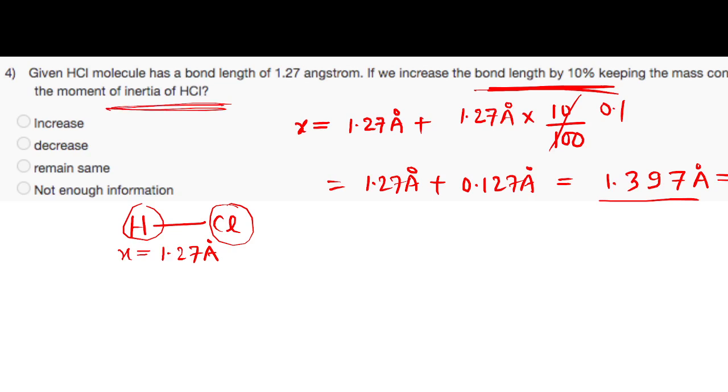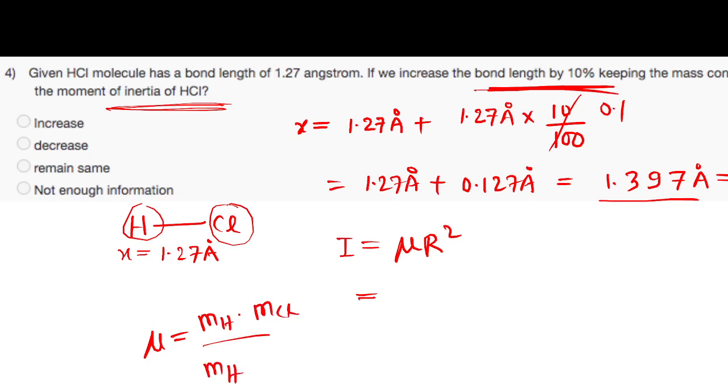Moment of inertia I is given as mu r square, and this mu is nothing but m hydrogen into m chlorine divided by m hydrogen plus m chlorine. So we are not changing mass, so this will not change.